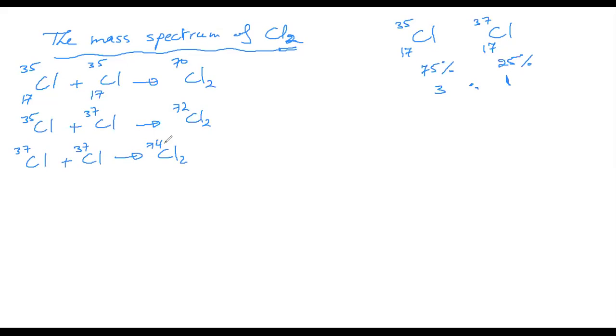So what will be our spectrum? Now, chlorine here is a molecule. And whenever we have a molecule subjected to beams of electrons, we get our mass spectrum when we draw the percentage abundance against the mass over charge.